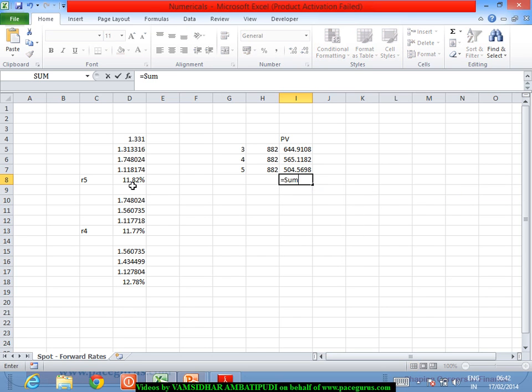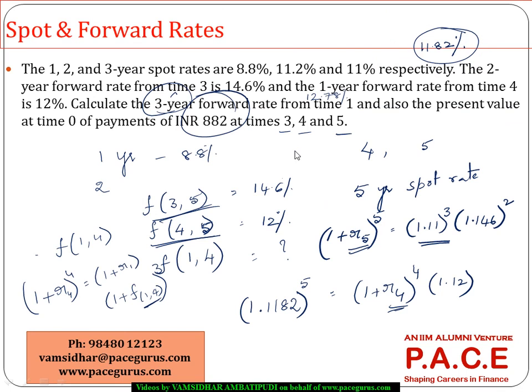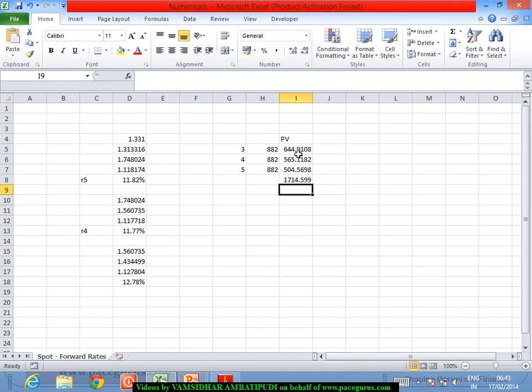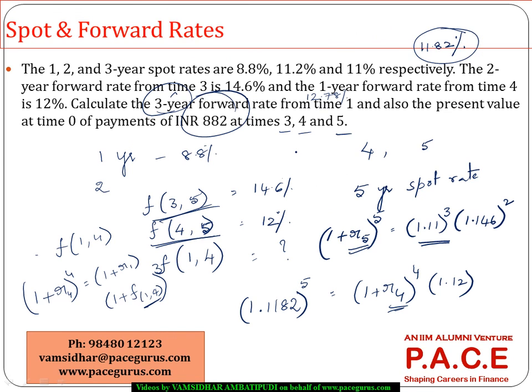The overall summation comes out to around 1714 rupees 60 paisa, the present value of all these 882 received over a 3-year period.